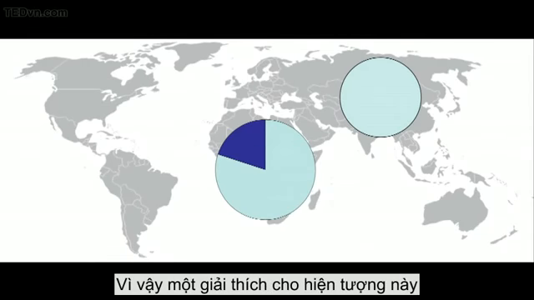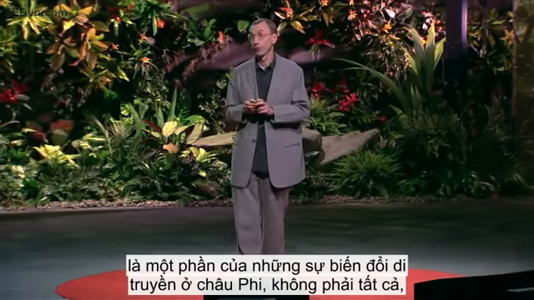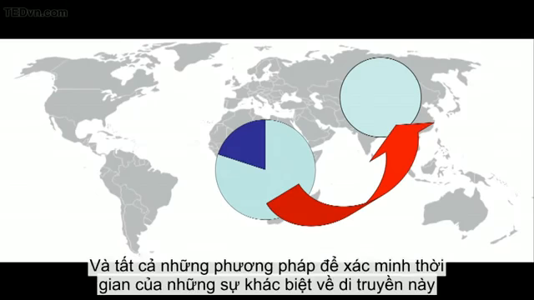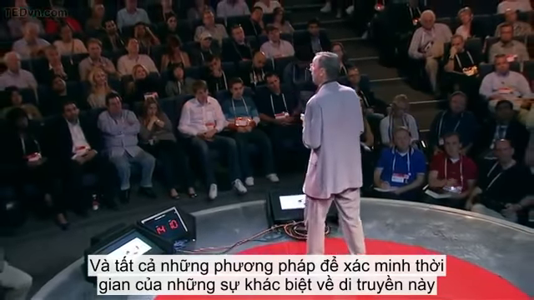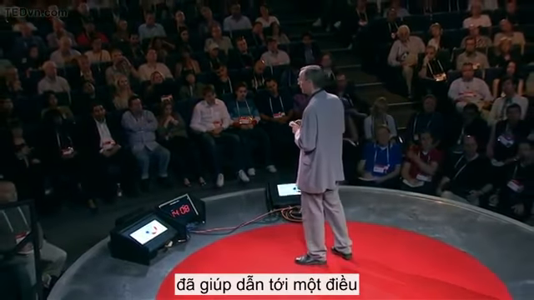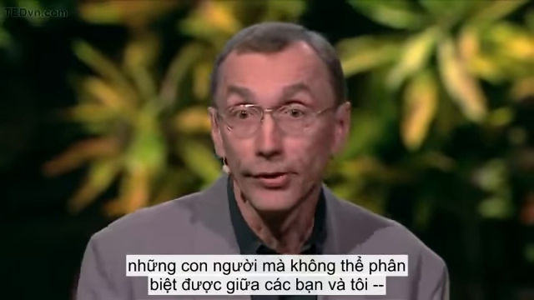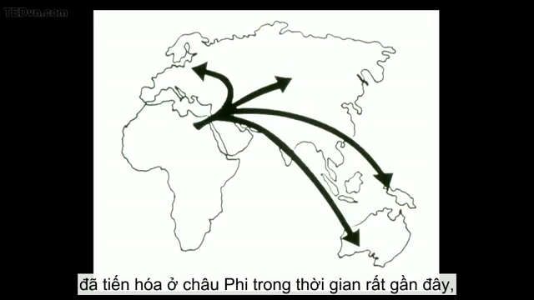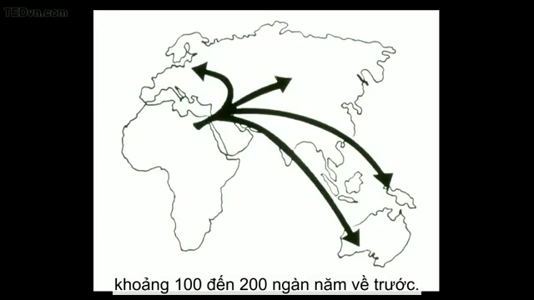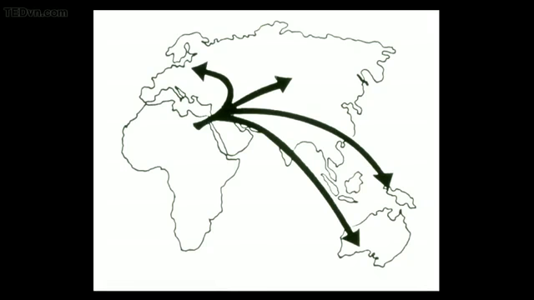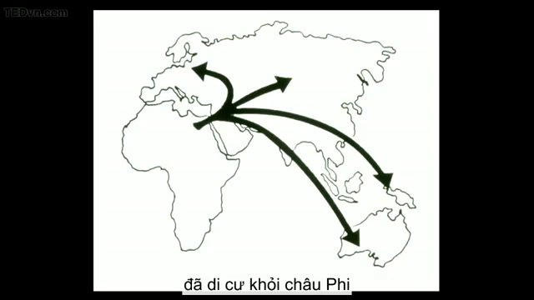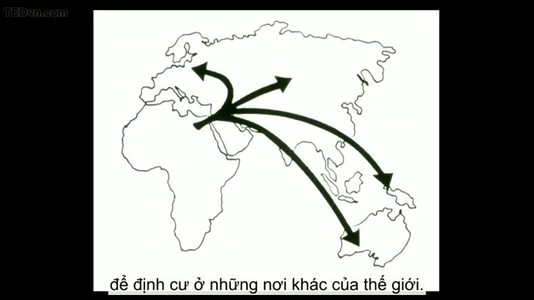So a model to explain this is that a part of the African variation, but not all of it, have gone out and colonized the rest of the world. And together with then methods to date these genetic differences, this has led to the insight that modern humans that are essentially indistinguishable from you and me, evolved in Africa quite recently, between 100 and 200,000 years ago, and later, between 100 and 50,000 years ago or so, went out of Africa to colonize the rest of the world.